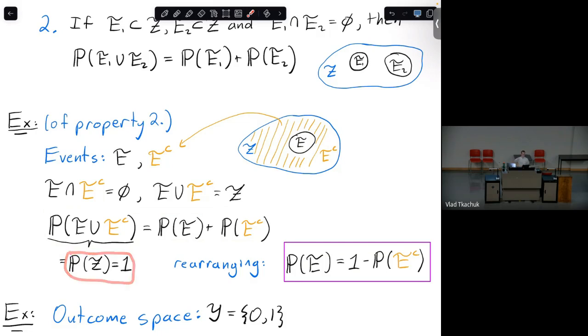And so you get this other common result that you've seen a lot, which is that the probability of some event is equal to 1 minus the probability of its complement. So the probability of getting a 1 on the dice is equal to 1 minus the probability of getting any number other than 1 on the dice. And this is going to be an important property that gets used a lot too.